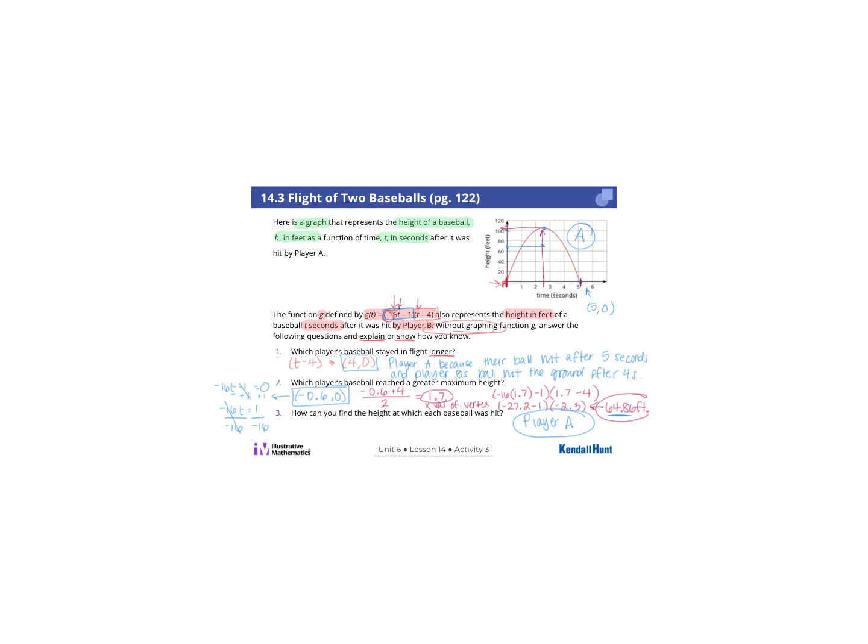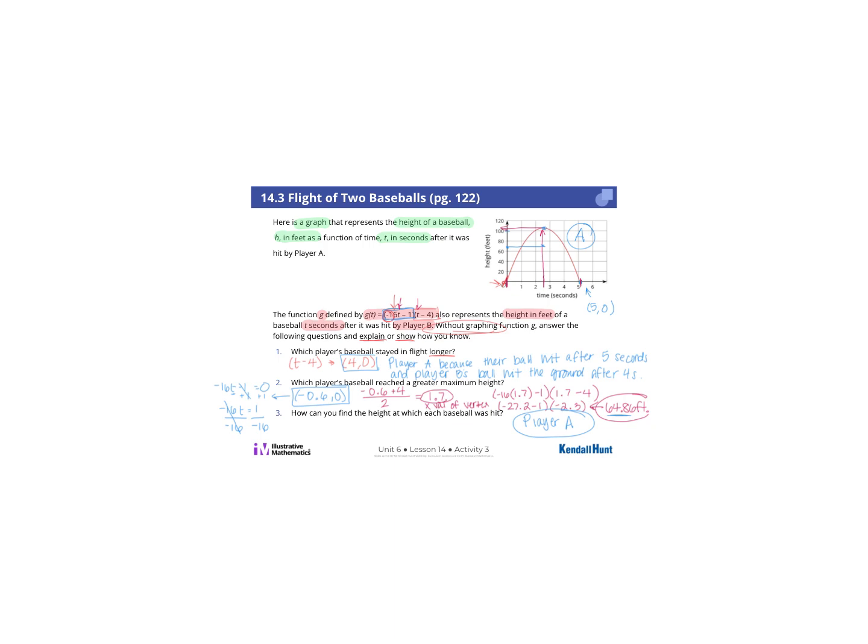Now, something I want to point out with this question, remember it said explain or show. So doing this work is showing how we figured out these values. So we don't necessarily have to write an explanation here because we showed the math behind how we got this answer. Okay, and then how can you find the height at which each baseball was hit?